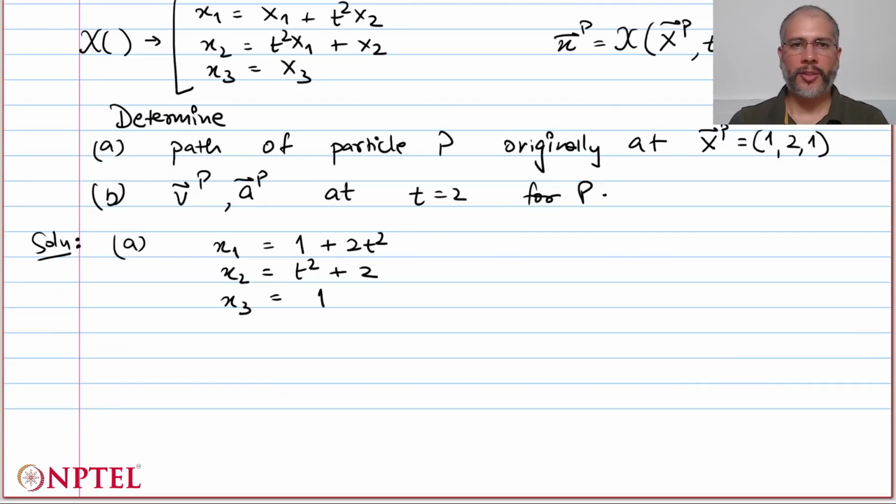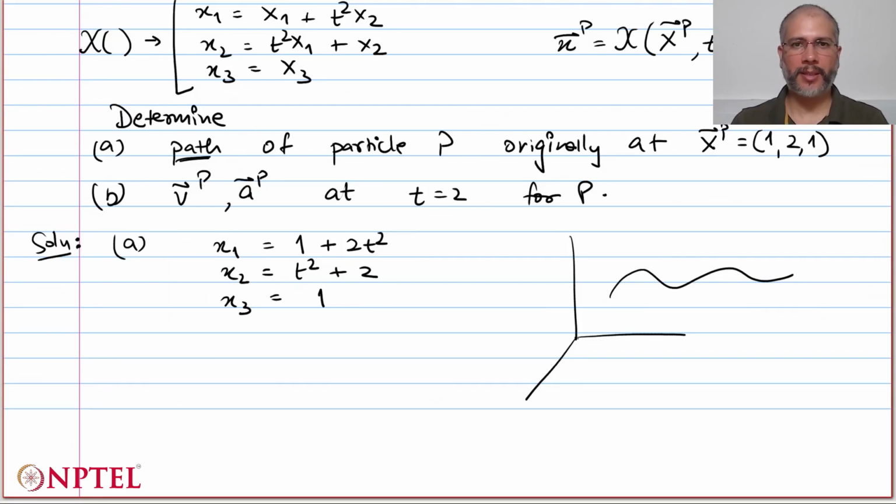Now our life is much easier with this because we have to find the path of the particle P, or the trajectory of the particle P. That is, in space we have to find the path that the particle P takes.